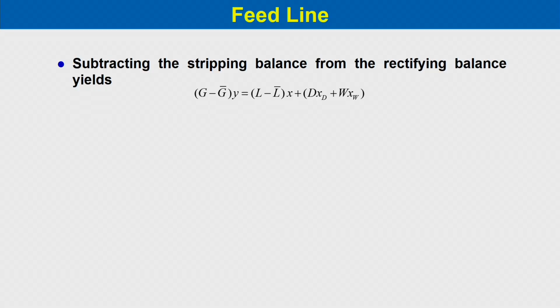Now, if we subtract the stripping balance from the rectifying balance, this will yield (G minus G bar) into y is equal to (L minus L bar) into x plus D into xD plus W into xW.